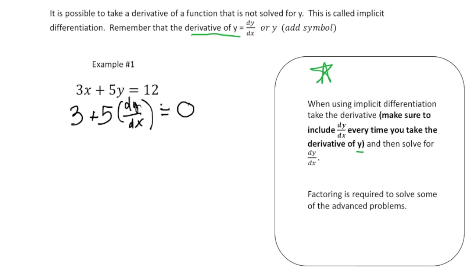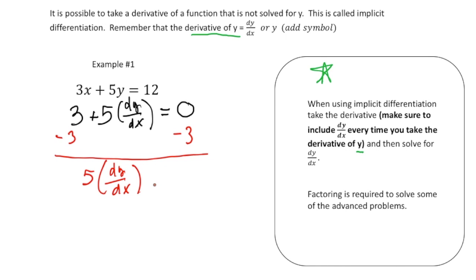Now you need to solve for dy dx. I have 3 plus 5 dy dx equals 0. I'm going to take away 3 from both sides, just like you'd solve an equation. Now we have 5 times dy dx equals negative 3.